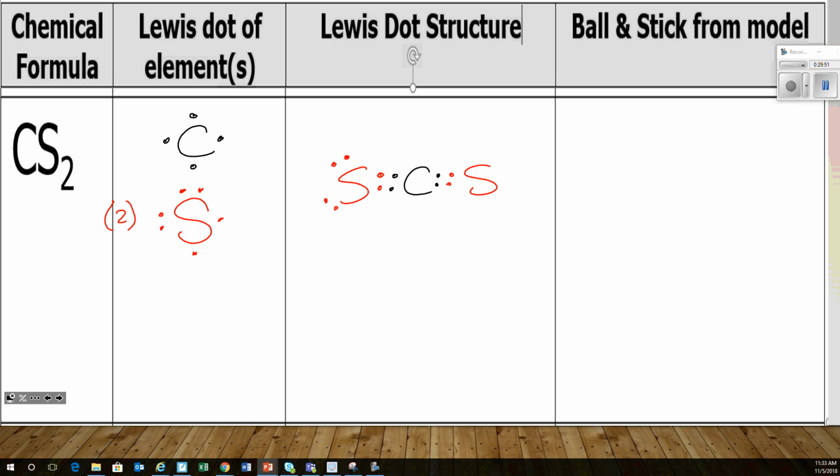So here, here, here, and here, here. So as I drew it, it would be dot, dot, dot, dot, line, carbon, line, sulfur, dot, dot, dot, dot. What shape would this be? Oh, we hear bent, I hear linear. It's trigonal. Oh, it's linear.